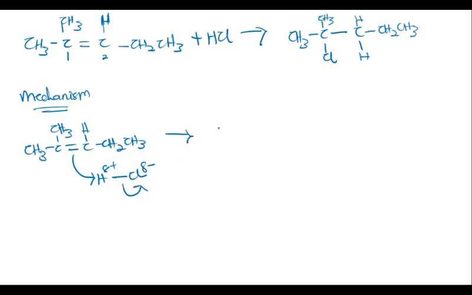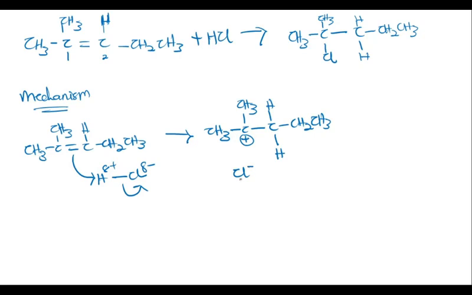So we form our carbocation. So we have CH3C, CH3, single bond C, H, CH2, CH3. Because this carbon is the less substituted carbon, the hydrogen will attach itself over here, and then we have the carbocation over here. By the way, this is a tertiary carbocation.